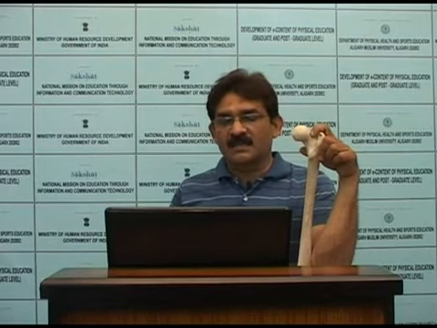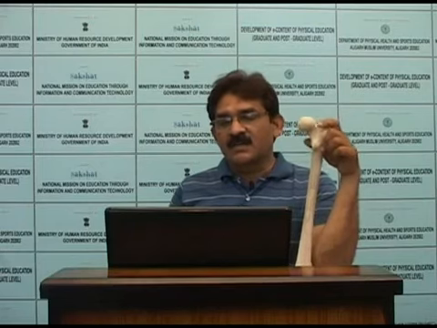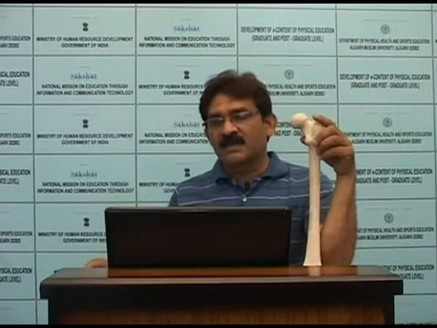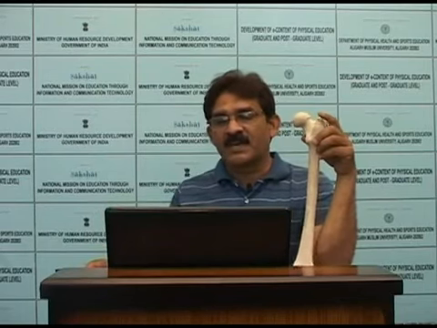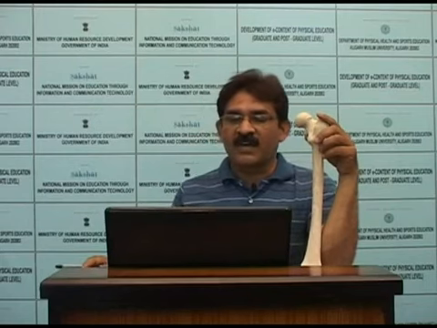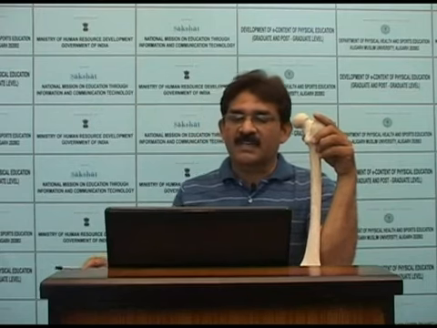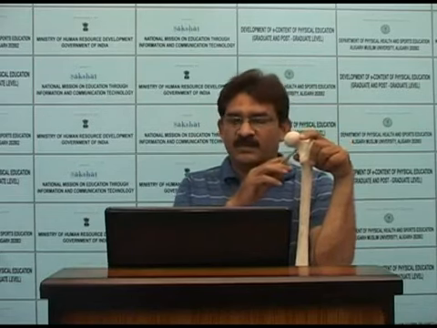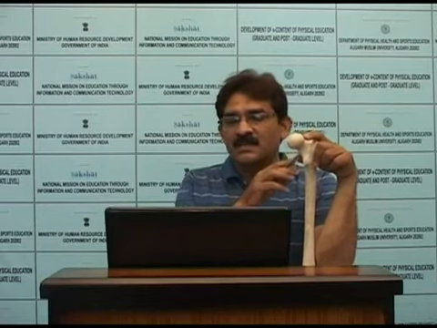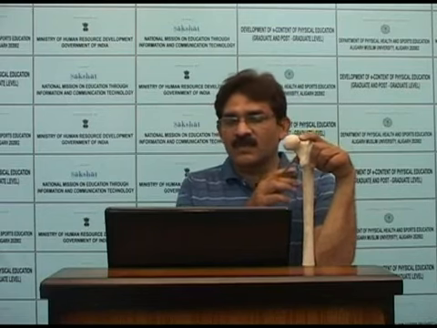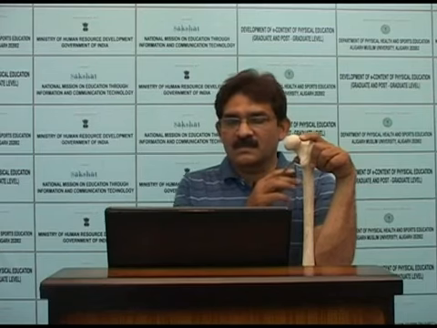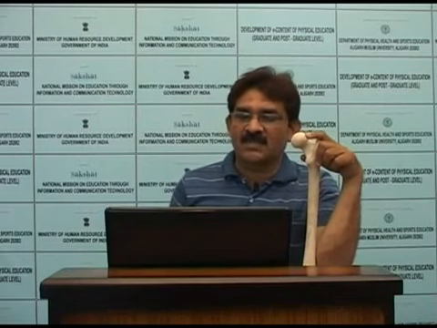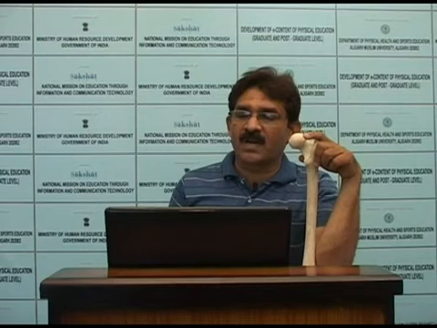The fractured side will be open and upward, and he complains of pain and is not able to move that leg. This is not the cervical neck, this is the fracture of the femoral neck.